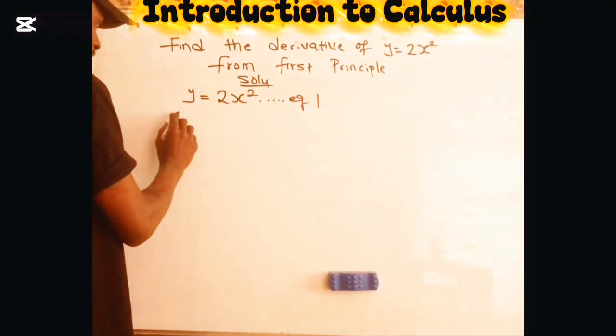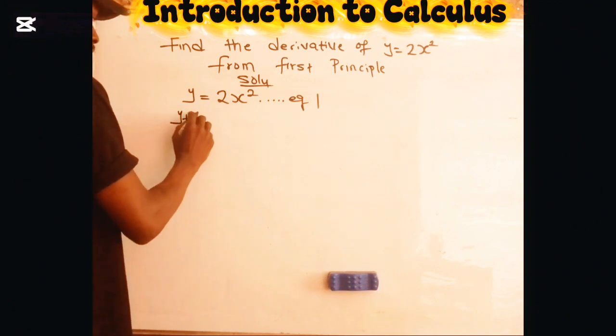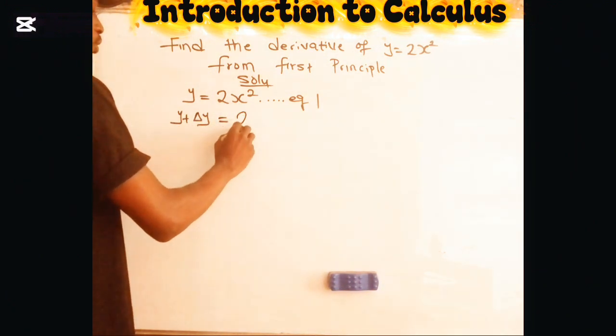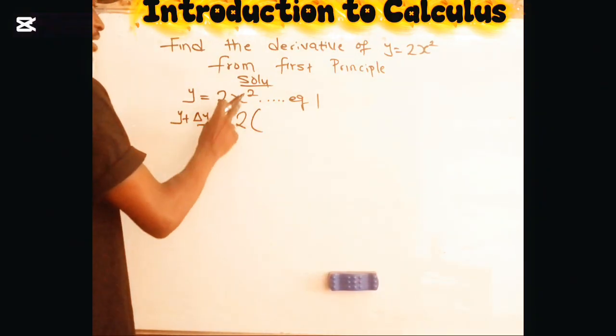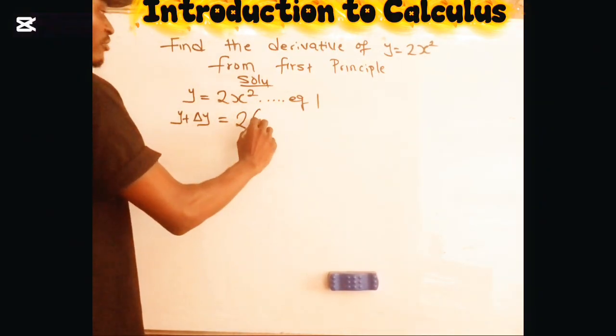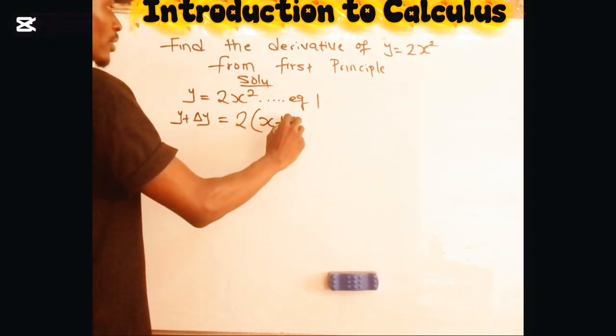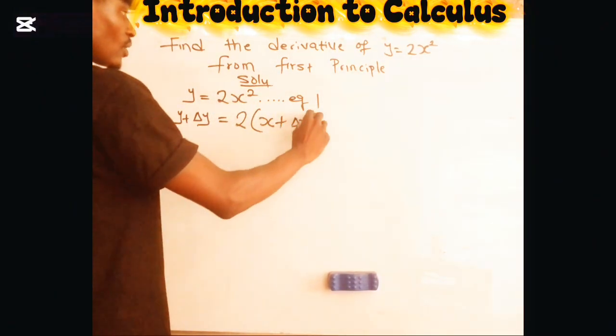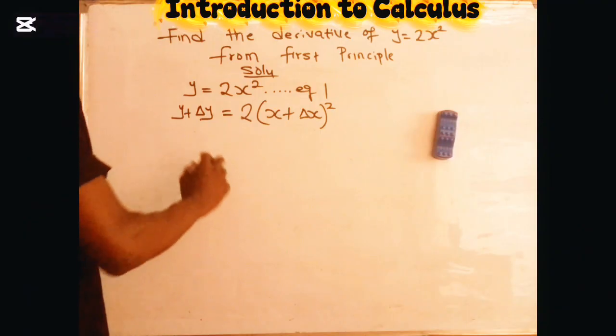Now, from equation 1, let's add changing y to the left-hand side and changing x to the right-hand side. So we'll have y plus changing y to be equals to 2 open brackets, changing x will give me x plus changing x. Remember, it is all squared.